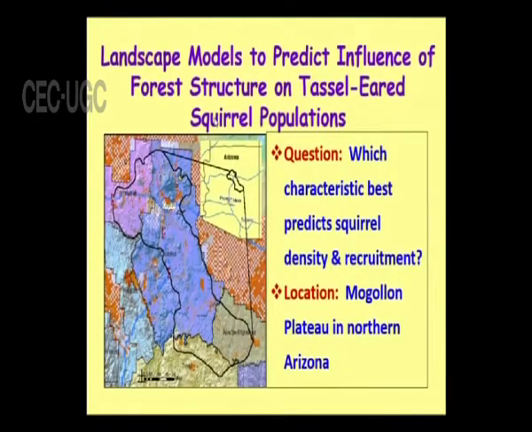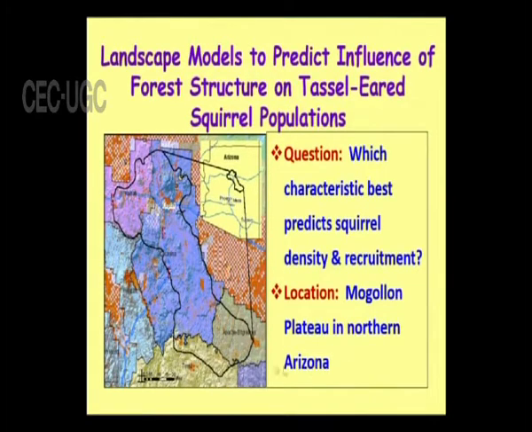And one more small example let us take, the squirrel. So, the squirrel population, what is the question? Which characteristic best predicts the squirrel density and recruitment? So, here it is a question: where the squirrels are living, and where they are not living.